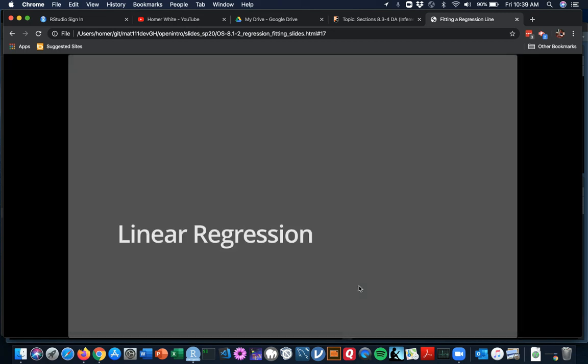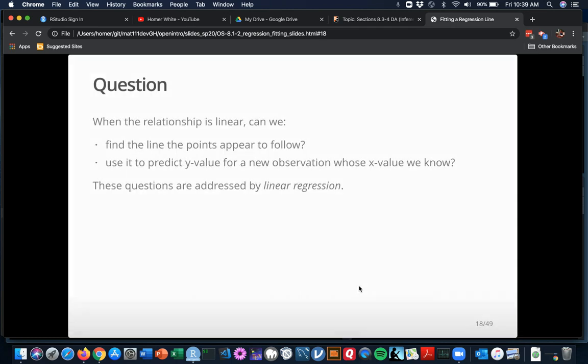Linear regression is a way of putting numbers to those visual pictures that we've got through the scatter plot. So the question I've got for today is, when the relationship is linear, when the cloud of points does seem to follow a line, could we find the line that the points appear to follow?